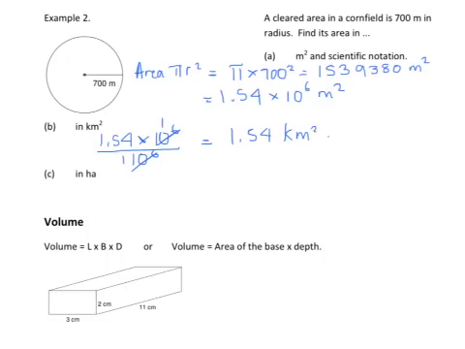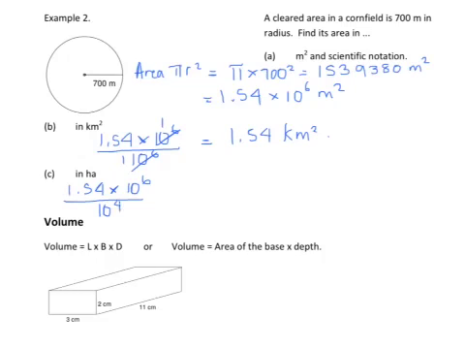Now what is the area in hectares? Remember, we calculated the area as 1.54 by 10 to the power 6 metres squared. But we know that 1 hectare is 10,000 metres squared, or 10 to the power 4 metres squared.